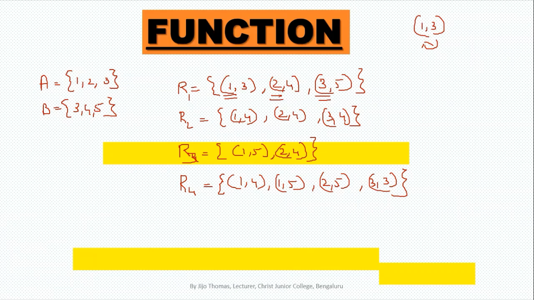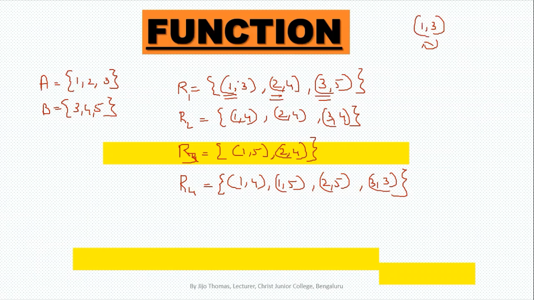So I can tell a function is a relation such that every element of set A has one and only one image in B.